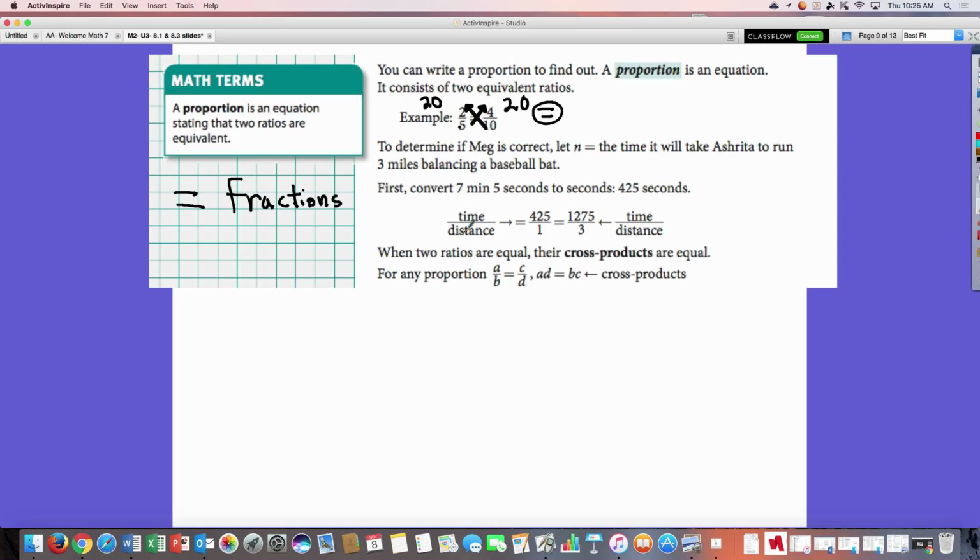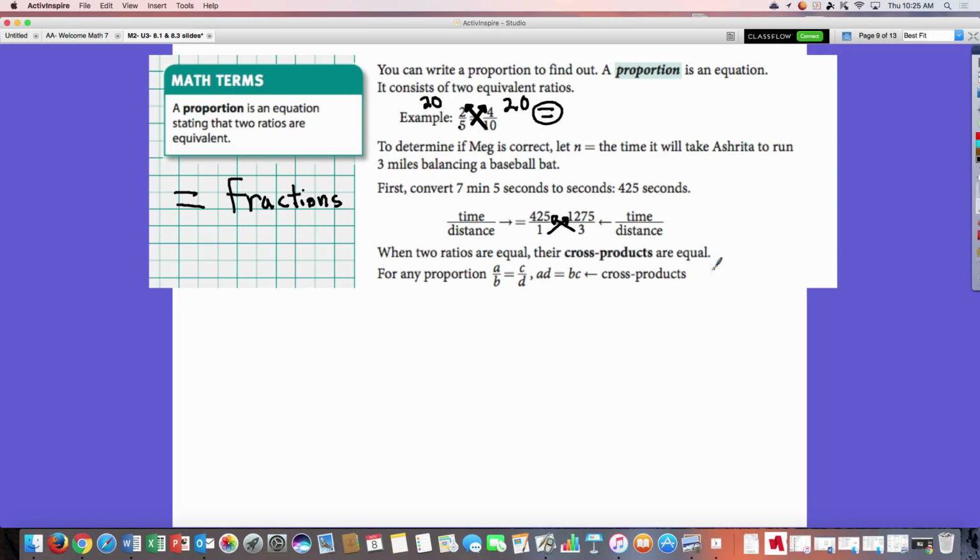So what the problem they did, instead of seeing that we went 1 times 3 and this times 3, in this one, they're converting the seconds. So they convert 7 minutes and 5 seconds into 425 seconds. They convert the other time into 1,275 seconds. And then they multiply this one, and they multiply this one.